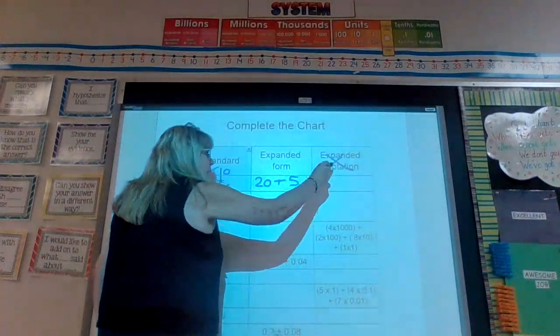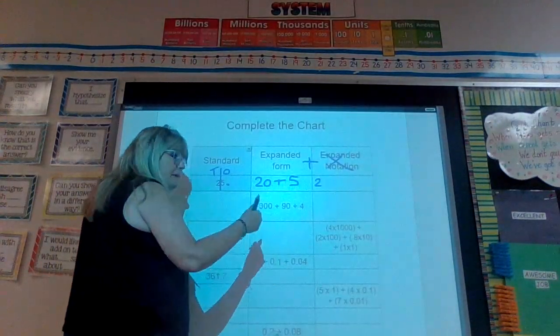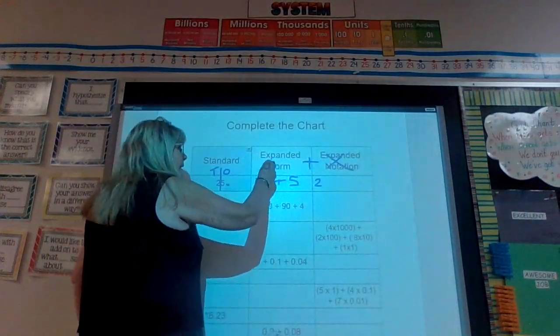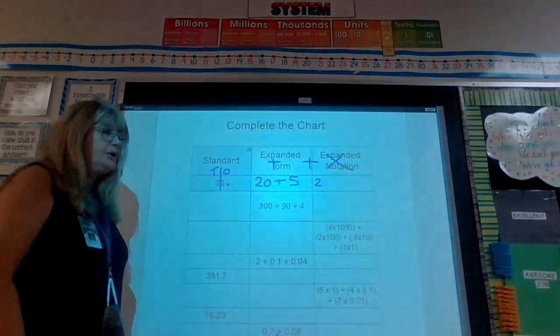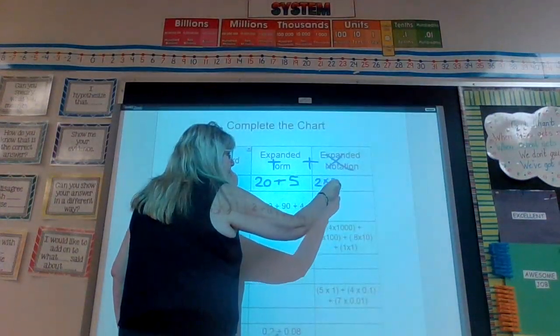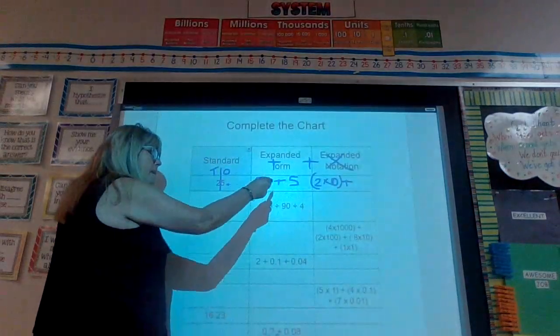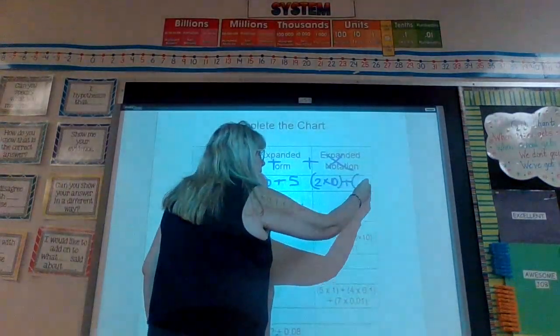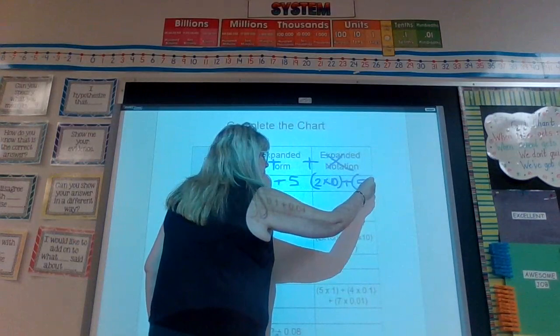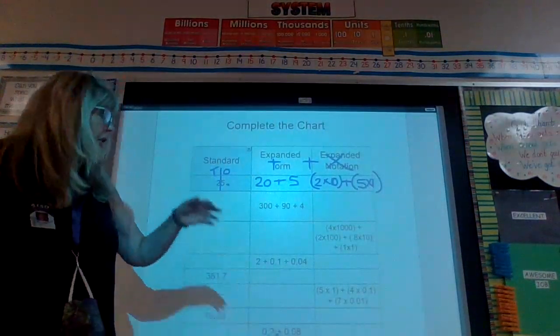Remember, notation is multiplication. Both of them are adding between each number, and then expanded form is looking at the value of it. Okay? So 2 times, that 2 is in the tens place, so 2 times 10 plus. That 5 is in the ones place, 5 times 1 is 5. Pretty easy for your whole numbers.